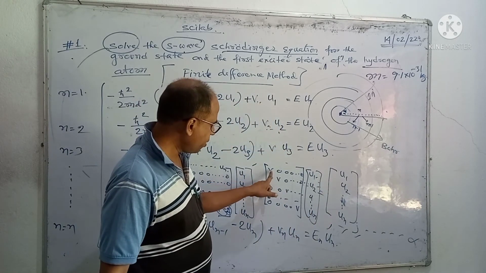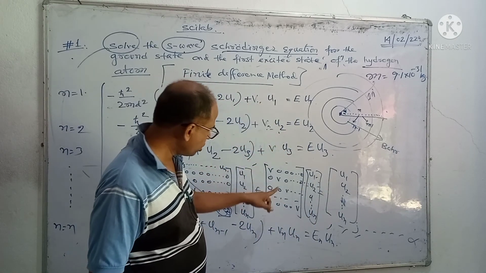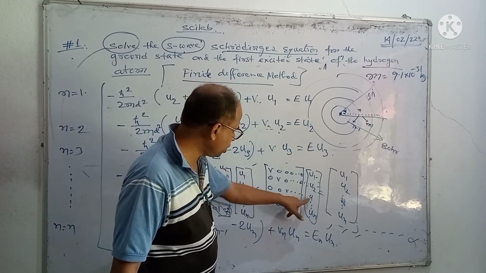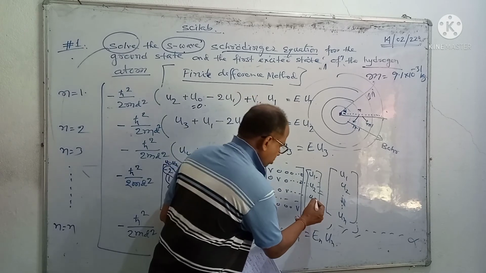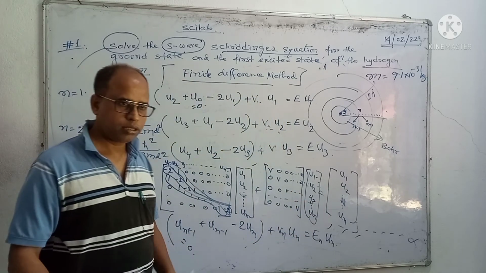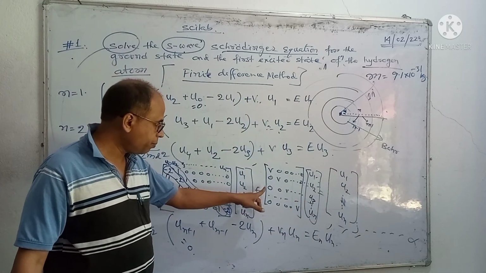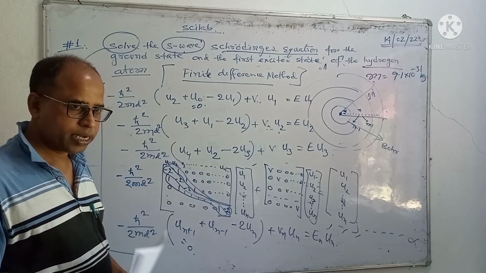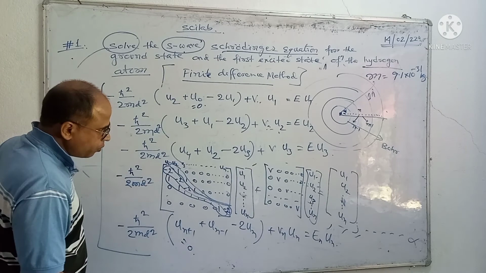Therefore, you see, V into U1, then V into U2, V into U3, like this. Fine? Mind it, V is depending on R, means A, right?